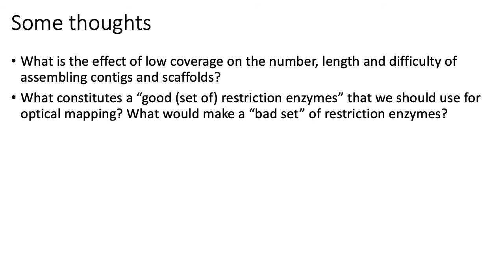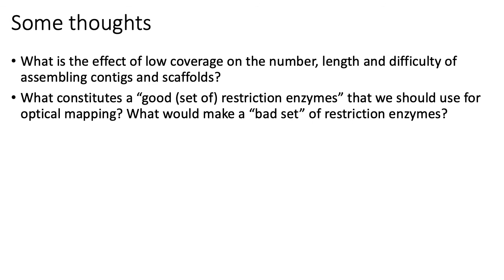And more generally, what are you essentially trying to optimize when you select a set of restriction enzymes for optical mapping? Obviously different choices of restriction enzymes will lead to different distributions of cuts across your genome.